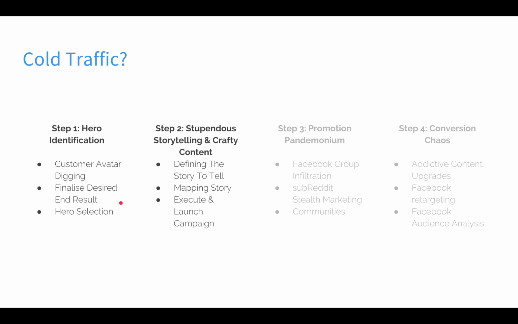So again, if we go back to the CrossFit example, we know very, very well who the perfect customer avatar is, and we can then, out of existing customers or people already in the CrossFit community, identify who is a hero that would be attractive to that customer avatar, and then we can move on to step 2 and start telling their story.